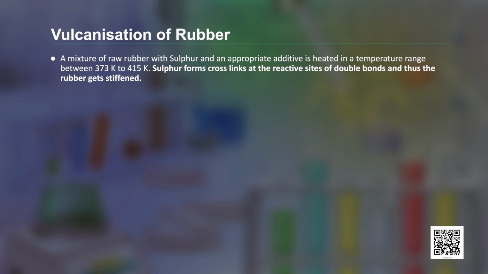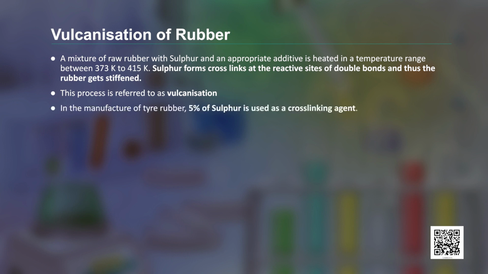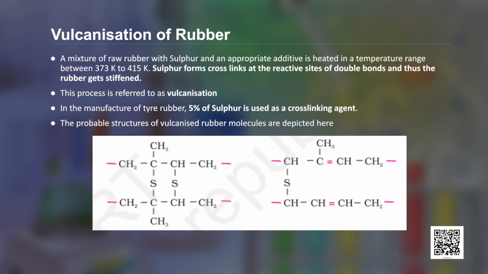Sulfur forms cross links at the reactive sites of double bonds, and thus the rubber gets stiffened, and this process is referred to as vulcanization of rubber. During manufacture of tires, 5% of sulfur is used as cross-linking agent. The probable structures of vulcanized rubber molecules are depicted here.